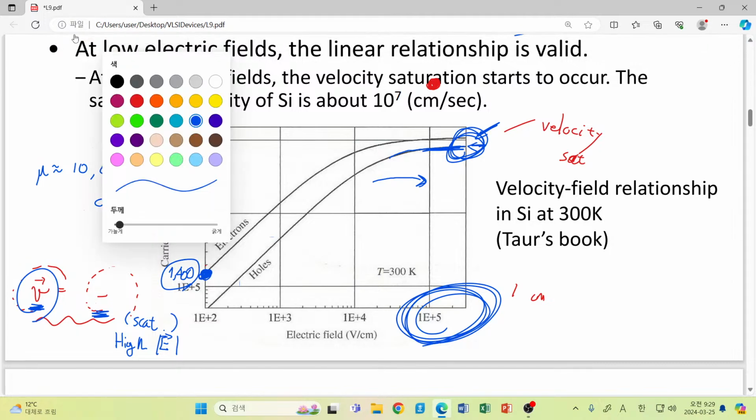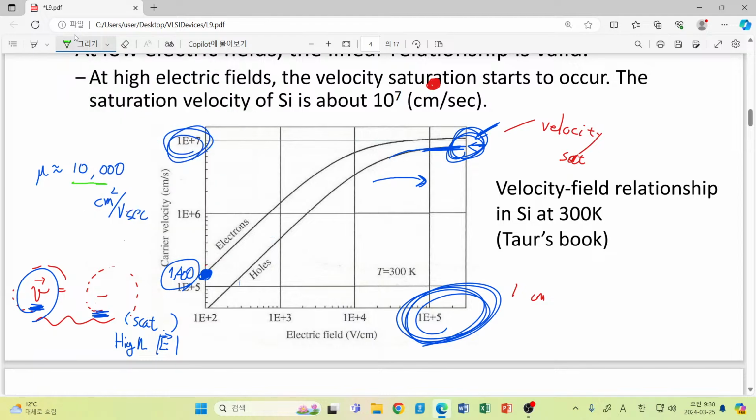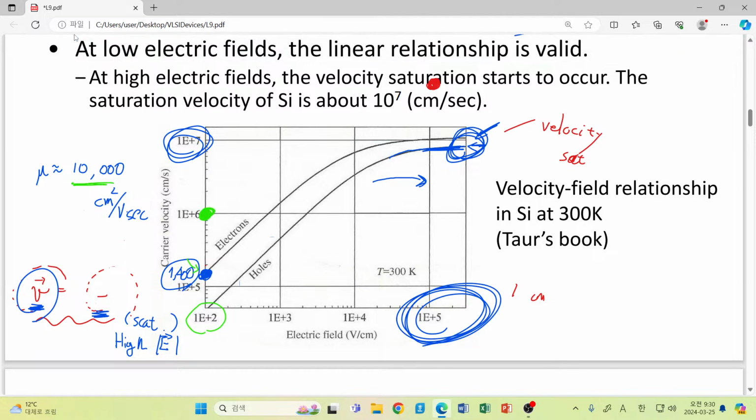What you can see is, okay, if we have this quite high value, then for the same low electric field, instead of this slow electron, we will have this point. Because mobility is so high, what will happen to our electrons beyond this level?